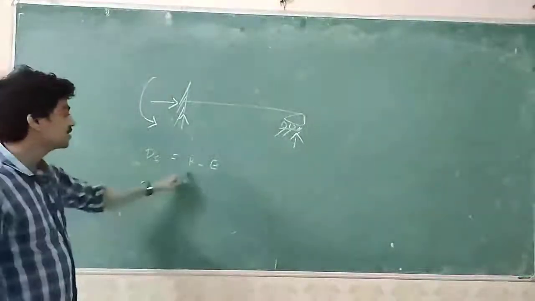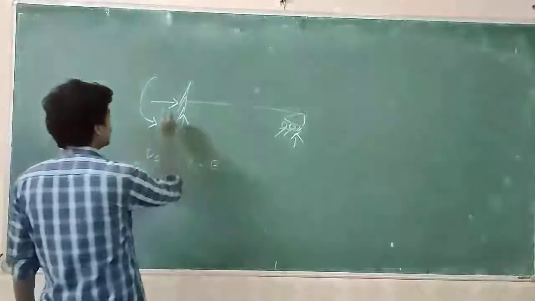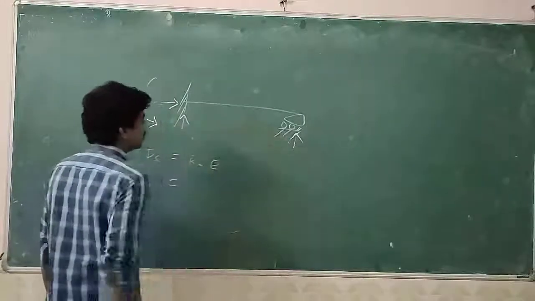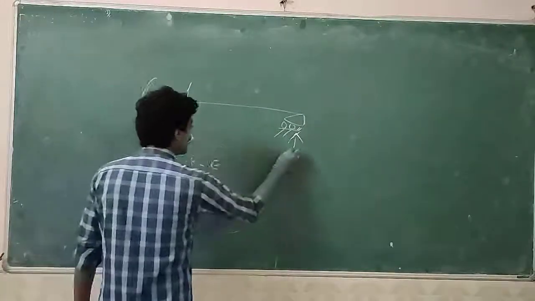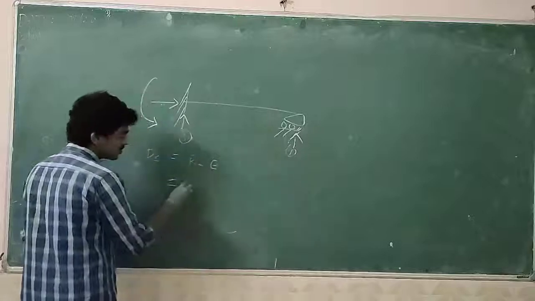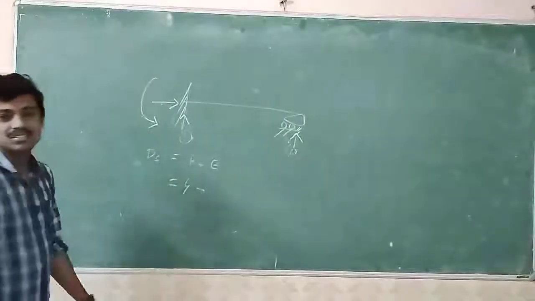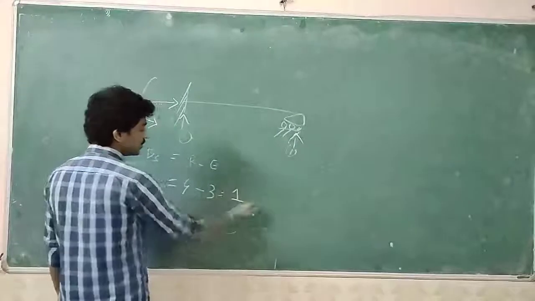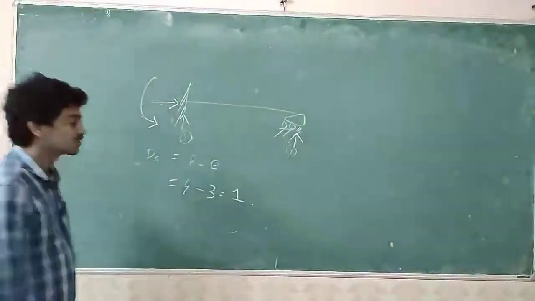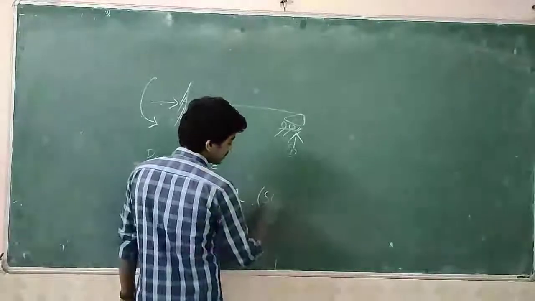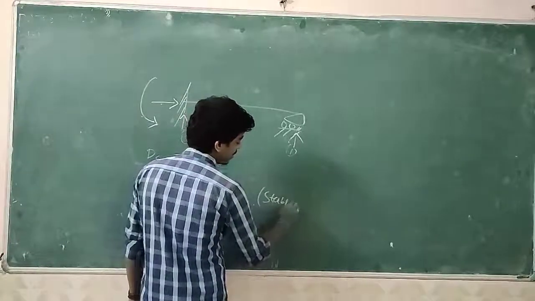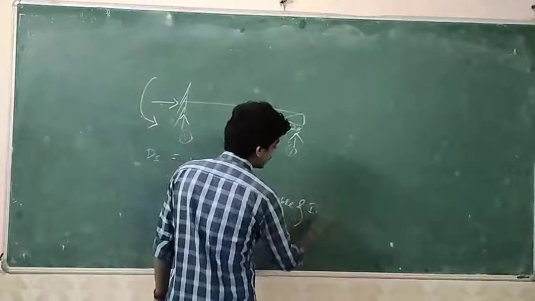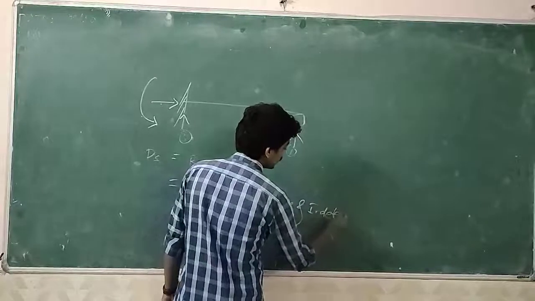So R equals 1, 2, 3 and 4. E means number of equilibrium equations, that is 3. So the ds value is 1. So you can tell it is stable and indeterminate. Clear?